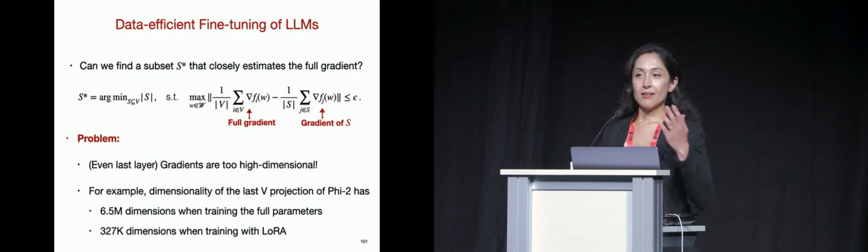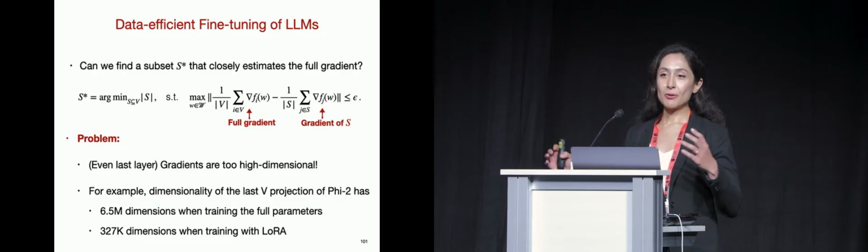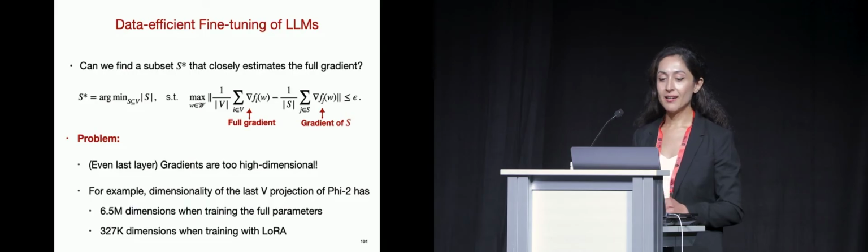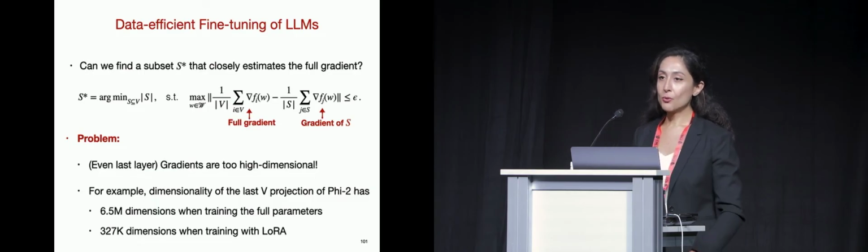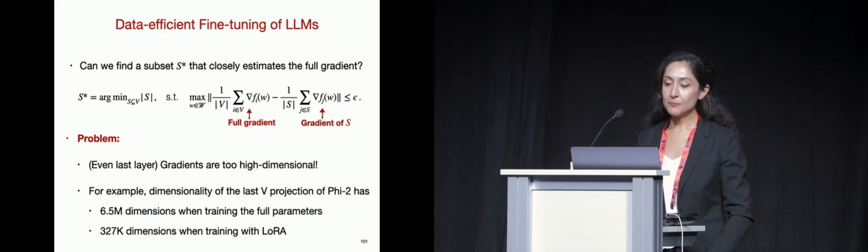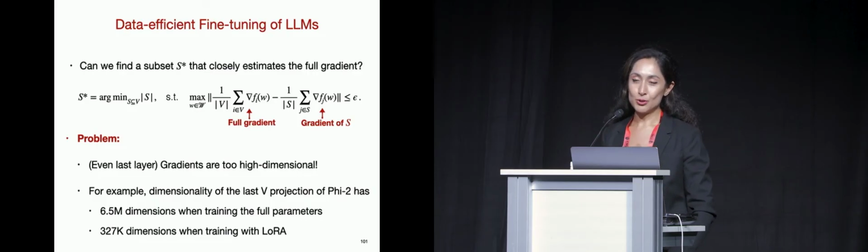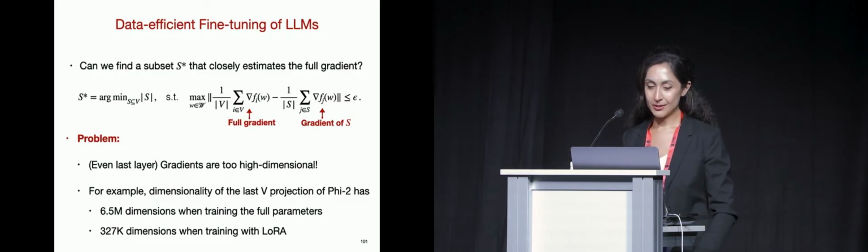Because we have talked about capturing the gradient all the way, let's think of whether we can find a subset that closely captures the gradient of the full data for an LLM. And this is very, very difficult. LLMs are huge, with billions or trillions of parameters.